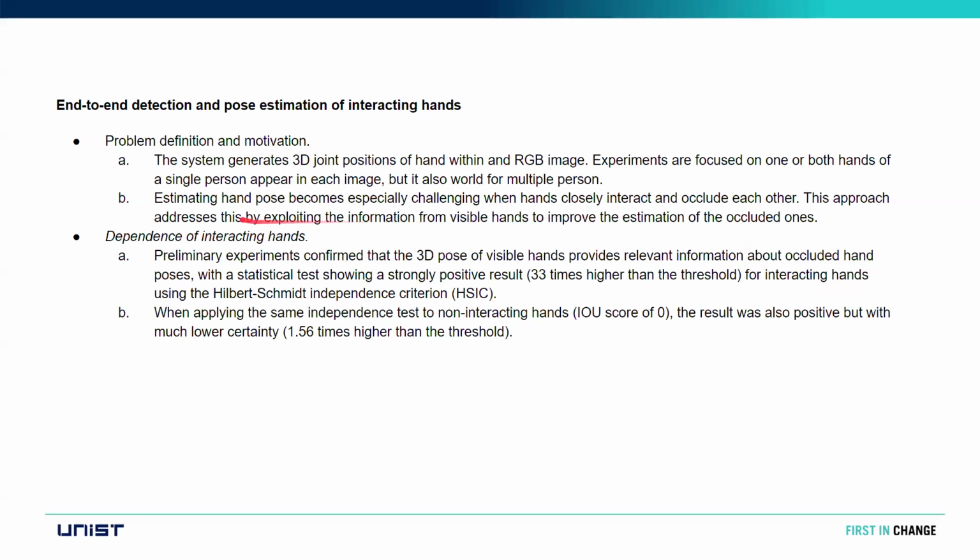Another thing is the motivation: when hands are interacting, they are occluded, but as we mentioned earlier, the visible hand gives a lot of information about the occluded hand.